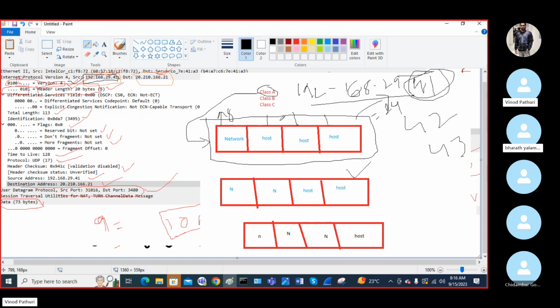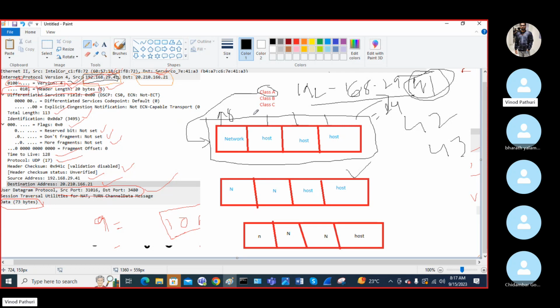So what is the value of 2 power 24? 1024 is 2 power 10, I think.